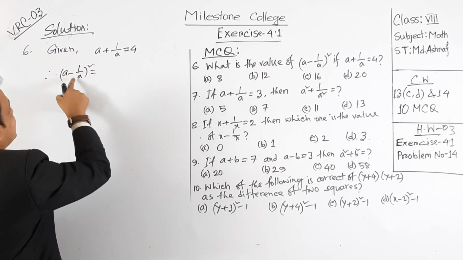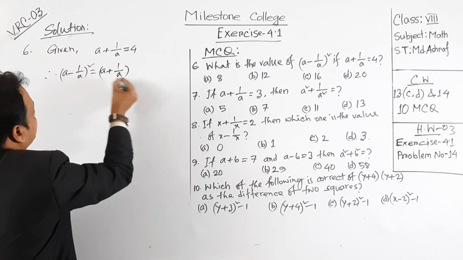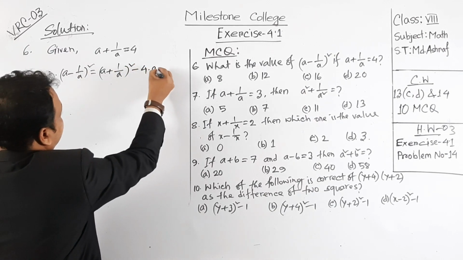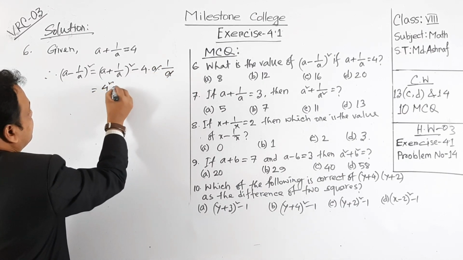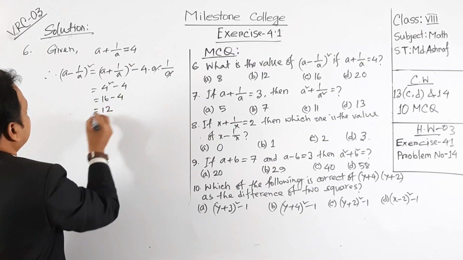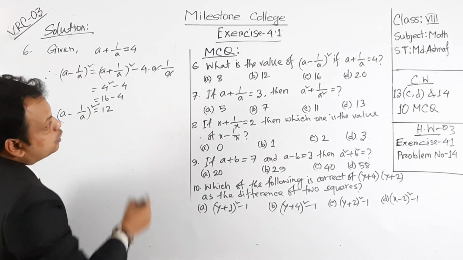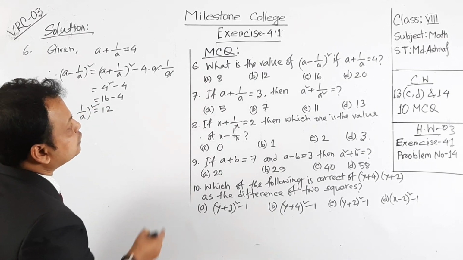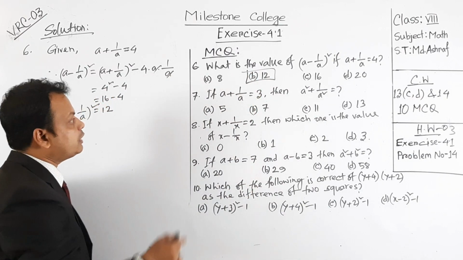So consider this one is a, this one is b. So a minus b whole square equals a plus b whole square minus 4ab, a into 1 by a. Calculate this one. So it's 4 square minus 4, that means 16 minus 4 equals 12. So a minus 1 by a whole square equals 12. 12 will be the answer. Okay. Now read the next one.